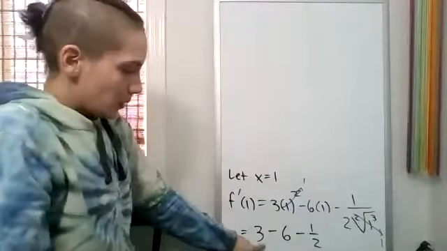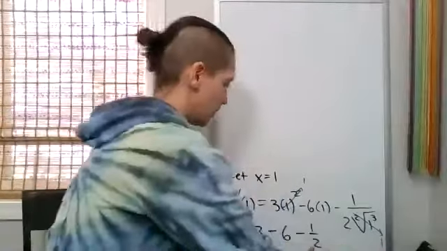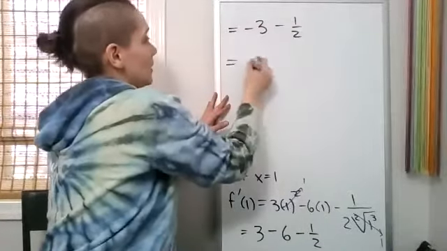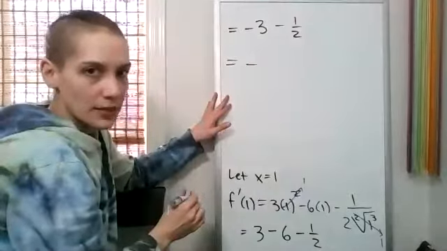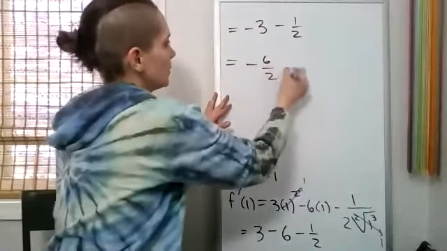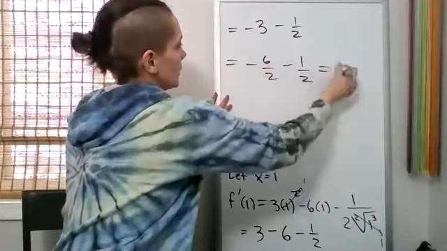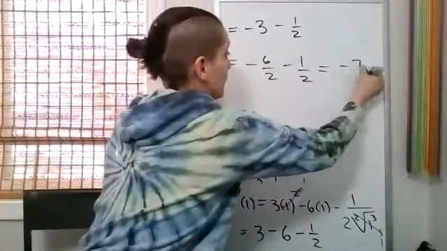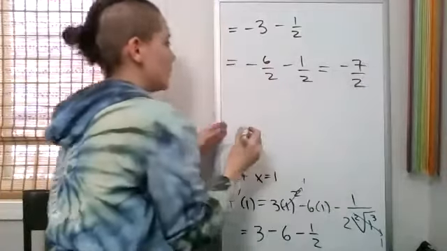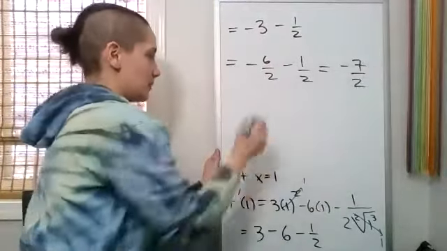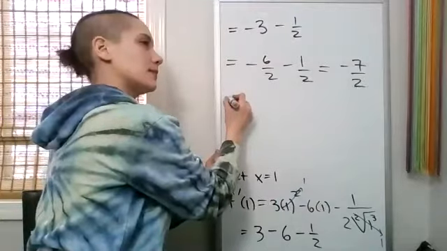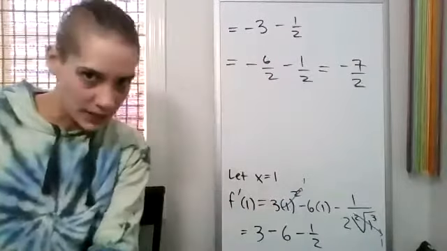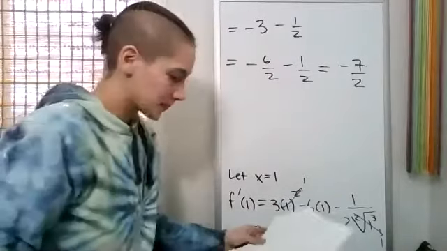We have negative 3 minus 1/2. Get a common denominator: negative 6 over 2 minus 1 over 2. It's negative 7 halves. The slope of the tangent line is negative 7 halves.